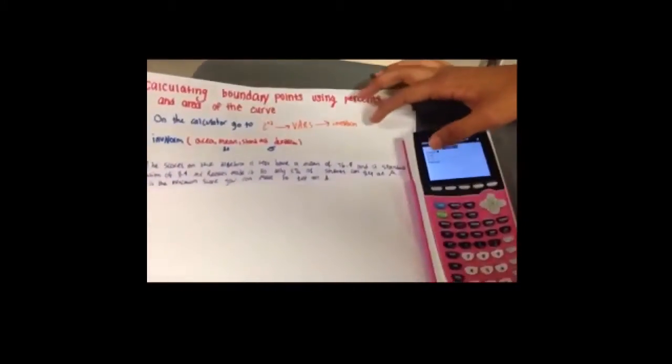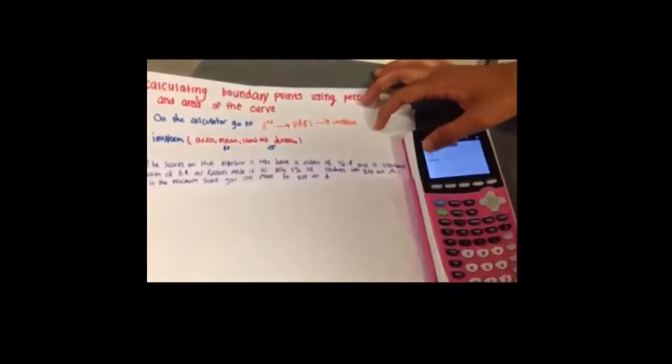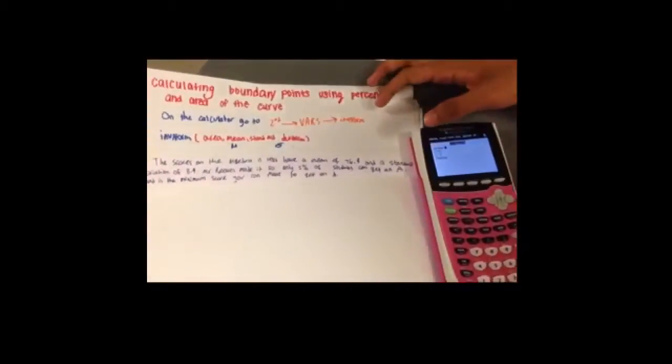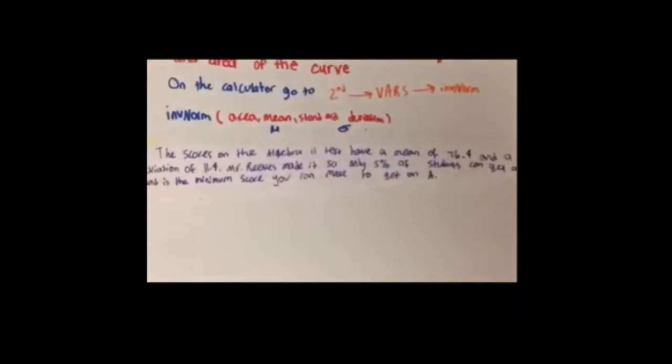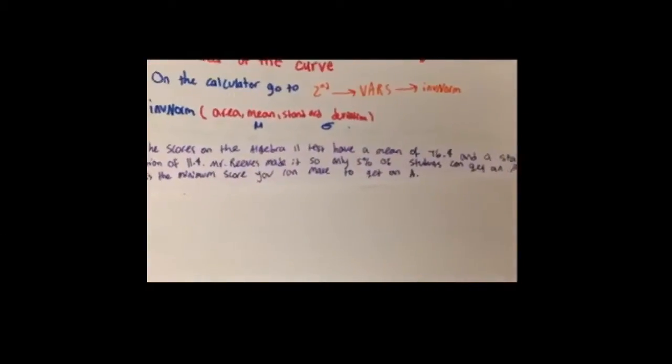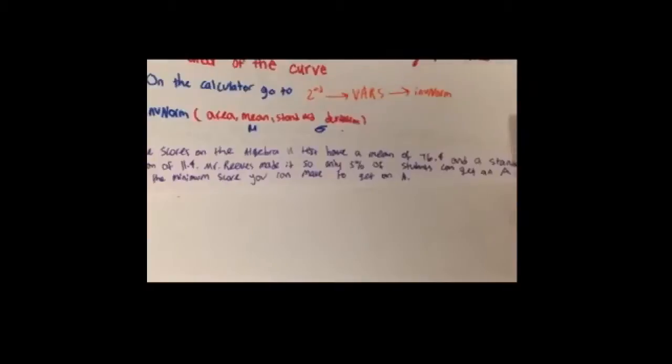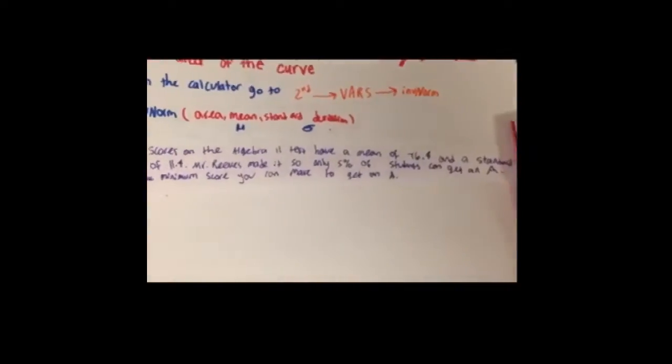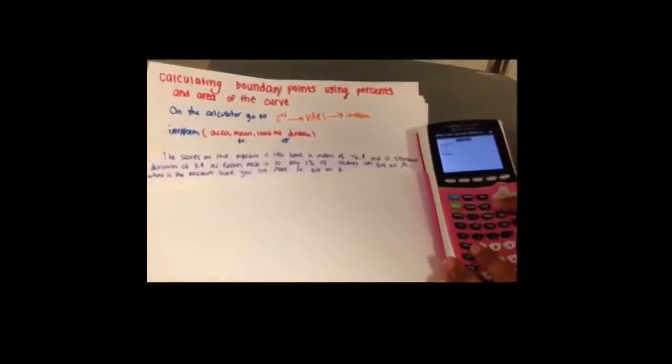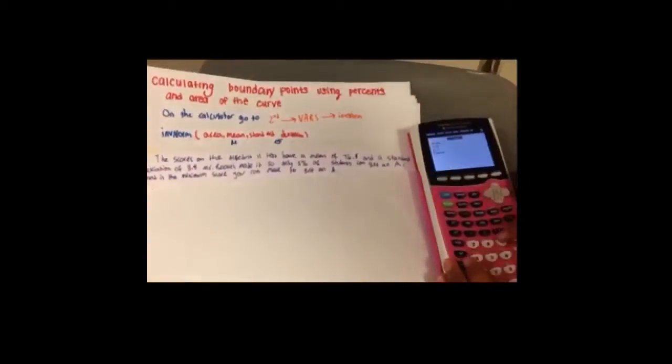Let's go to the first example. The scores on the Algebra 2 test have a mean of 76.4 and a standard deviation of 11.4. Mr. Reeves made it so only 5% of the students can get an A. What is the minimum score you can make to get an A? So, since only 5% can make it, the area would be 0.95.